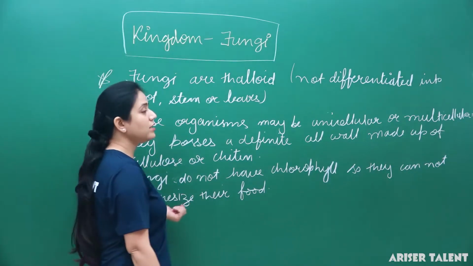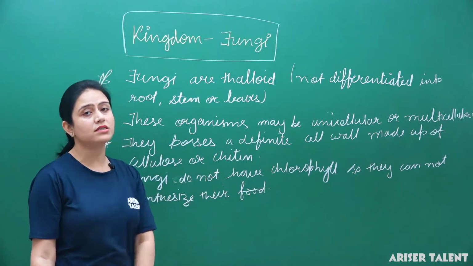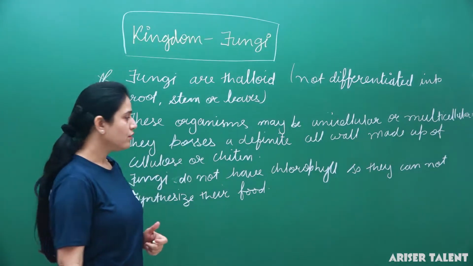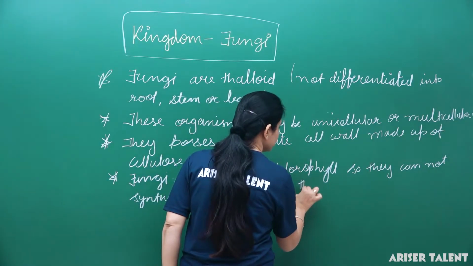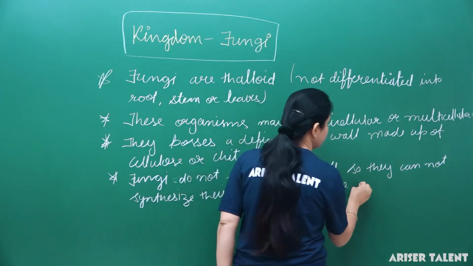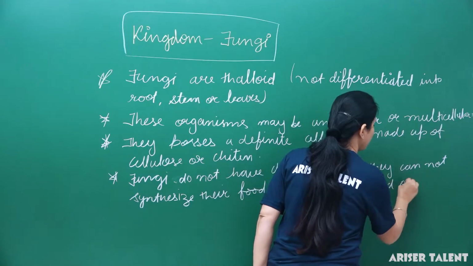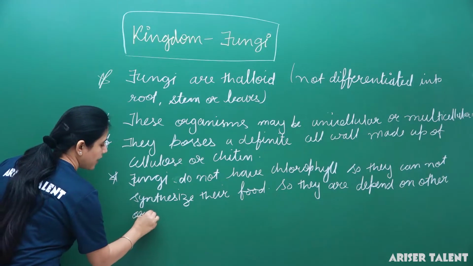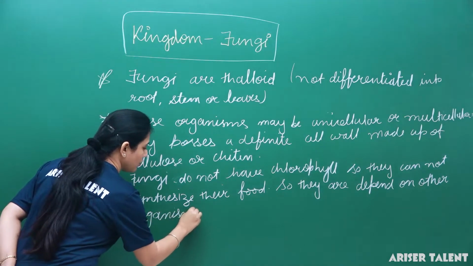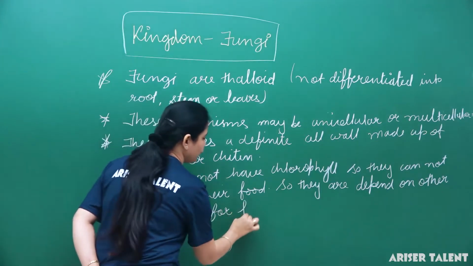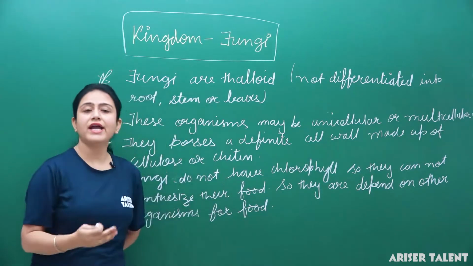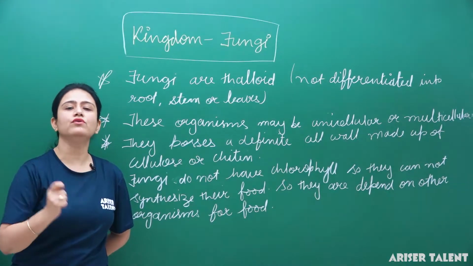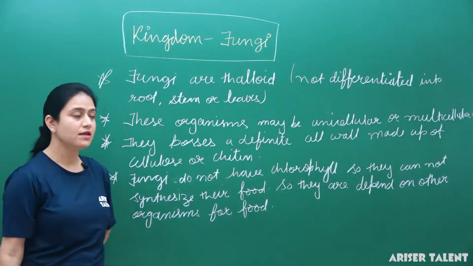So the fungi do not have chlorophyll, so they cannot synthesize their food, and they are dependent on other organisms for food. If they get their food from dead organisms, they are saprophytic, and if they get the food from living organisms, then they are known as parasites.